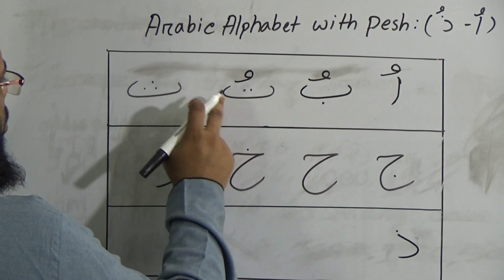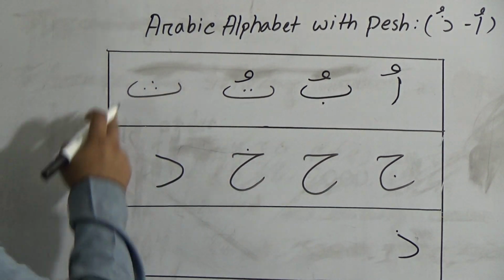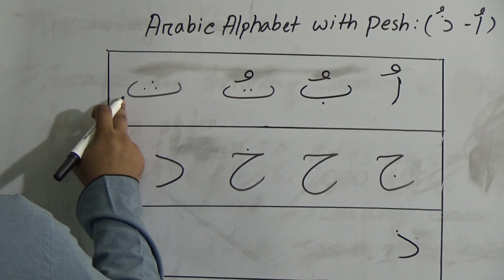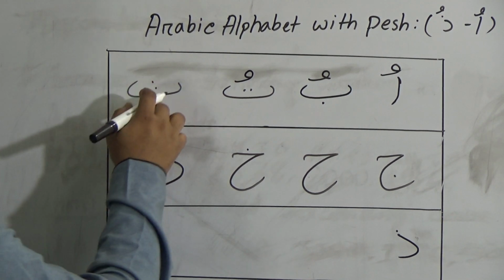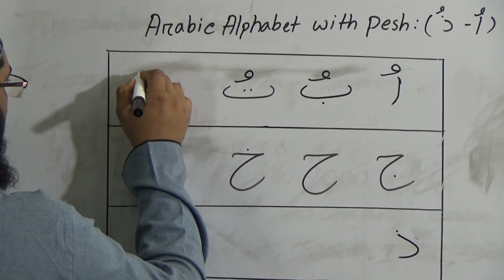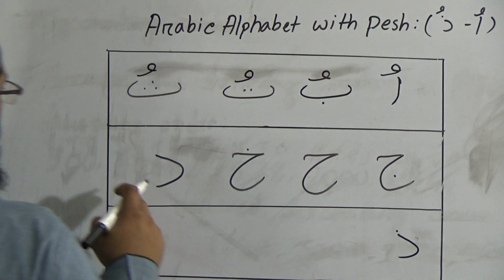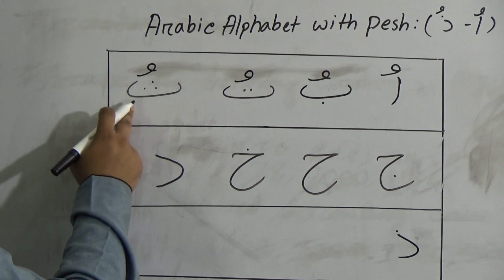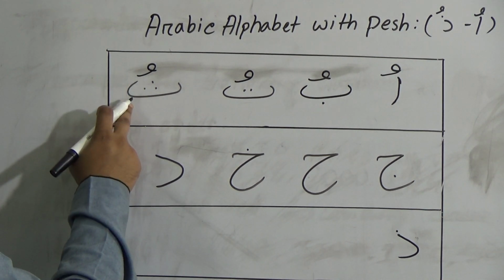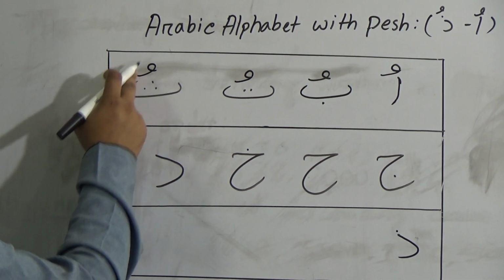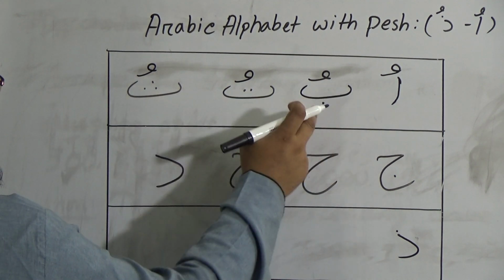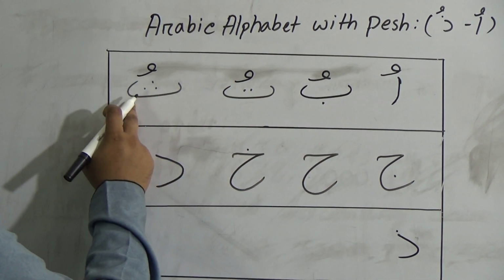U Bu Tu. Now you know that this alphabet is called Tha. Now I am putting a Pesh over the Tha, and it will be pronounced like that. Tha Pesh Thu.